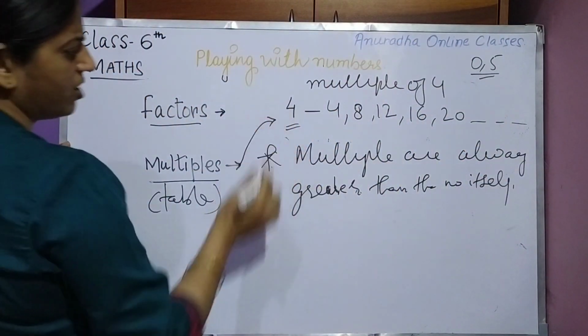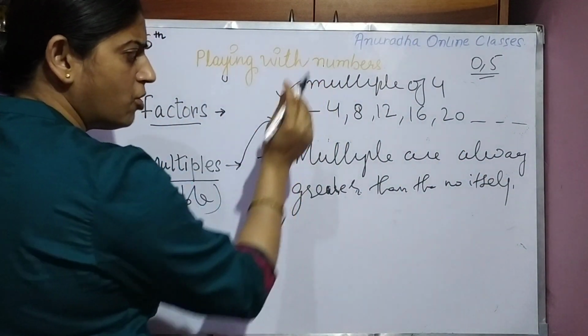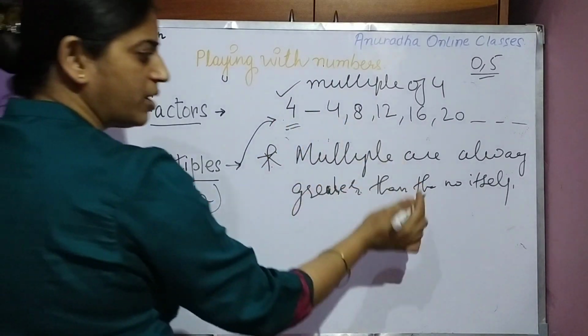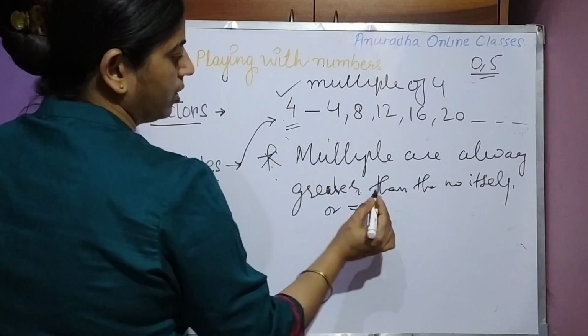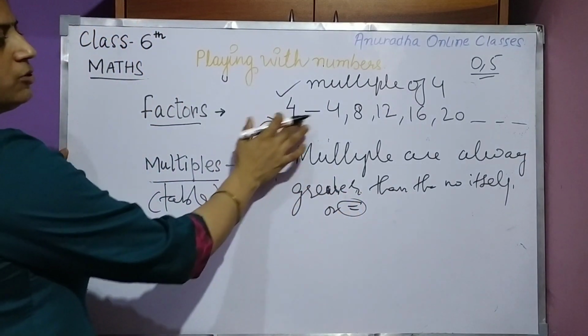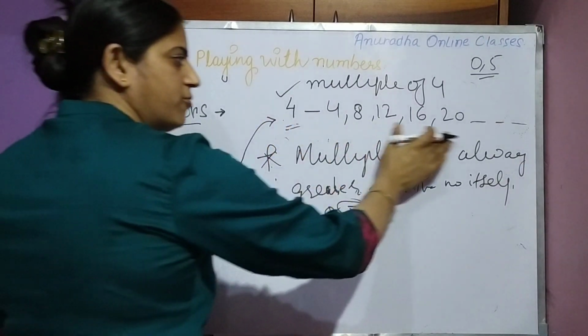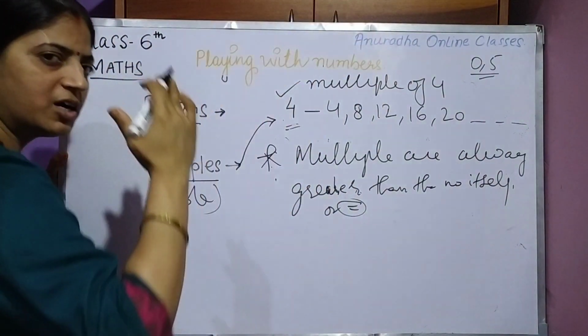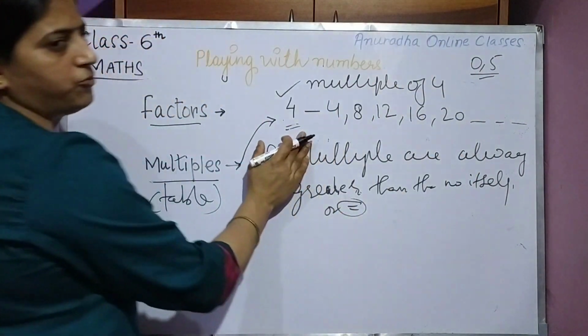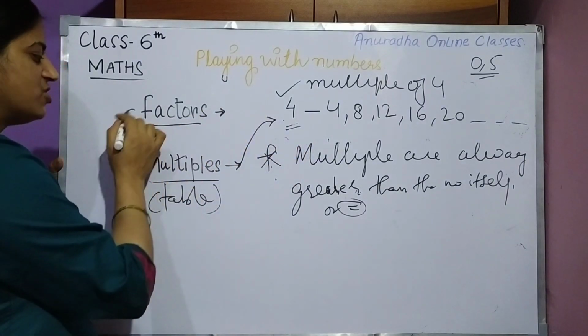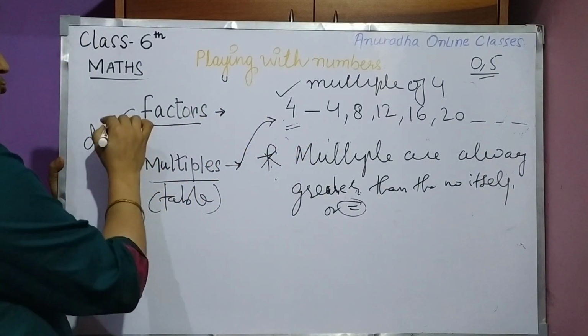Okay, if I have asked for 4, one more thing, that it is greater than or equal to, or equal. So 4 is equal to 4, then after that, whatever multiples there are, all are greater than 4. This is the major difference between these two.